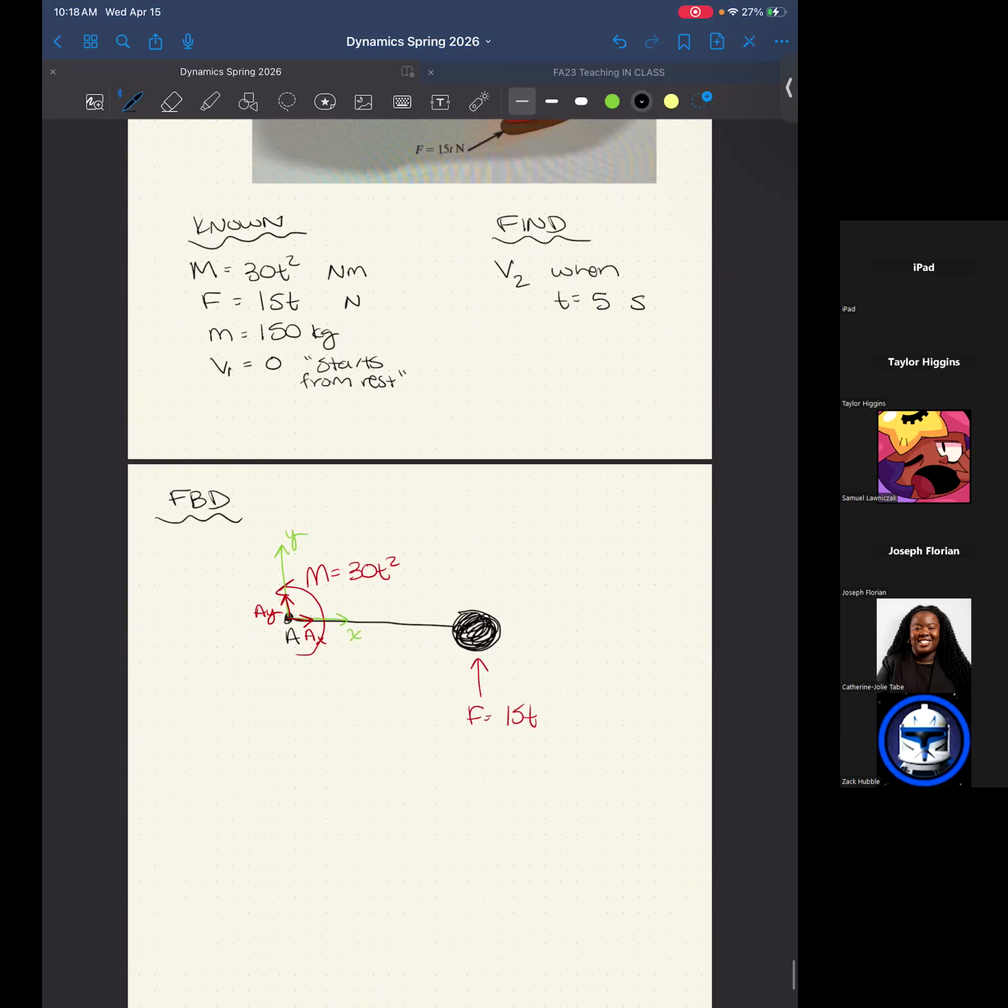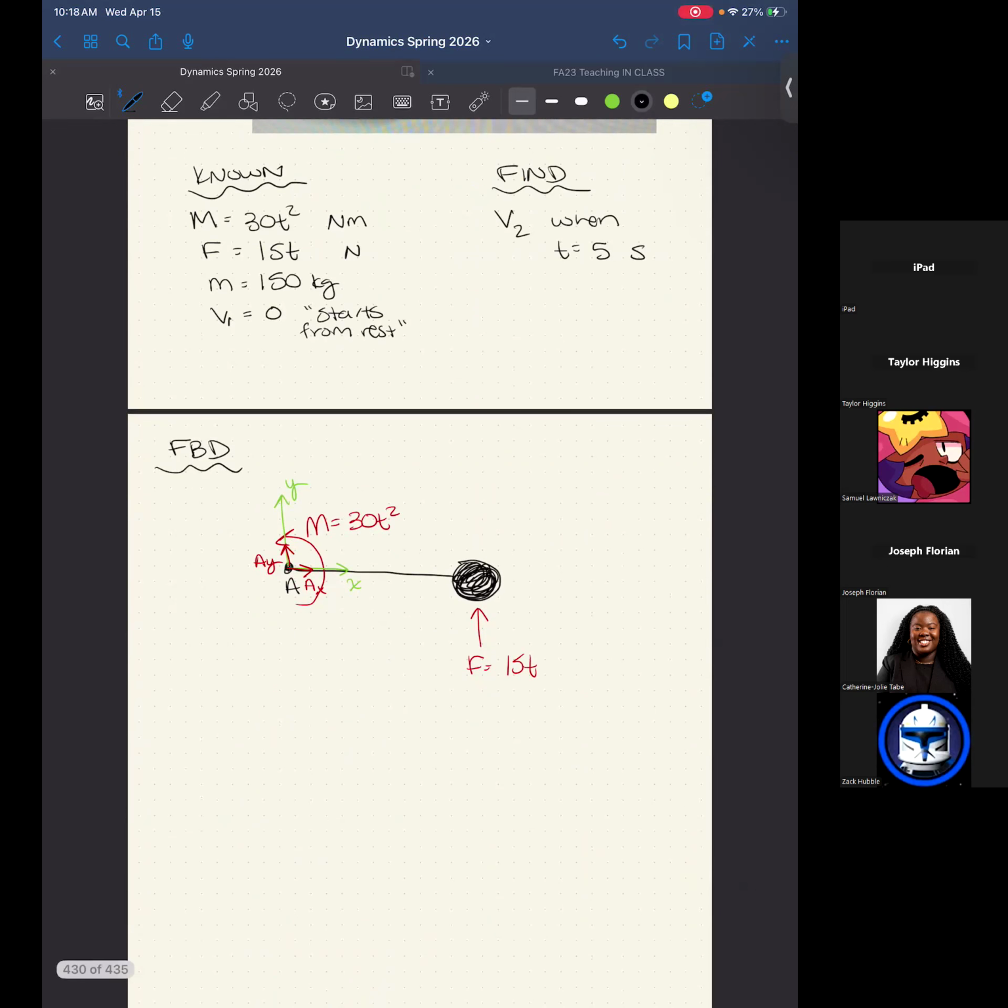So what equation did you think was going to be useful? mv1 plus the integral of forces dt equals mv2. Okay, so I just divided the moment by the 4 and then just used that. So you did linear momentum? Yeah. That's interesting. Micah, what did you do?